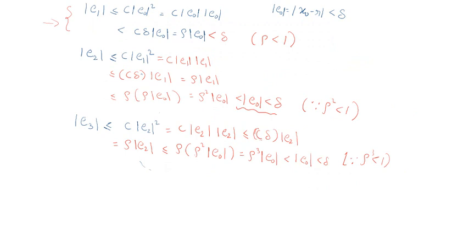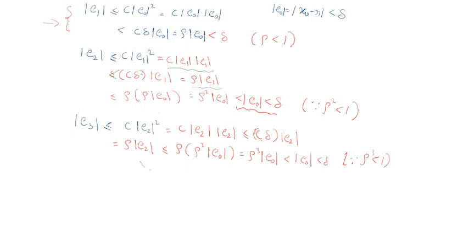Now mod E2 is less than or equal to C times mod E1 square, which equals C times mod E1 into mod E1. Now mod E1 is less than delta, so this is certainly less than C times delta times mod E1. That is, C delta is rho, times mod E1.